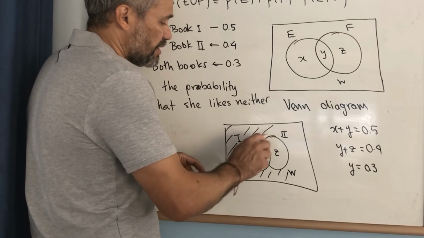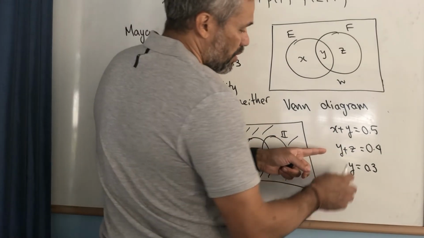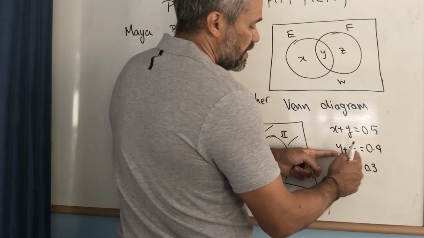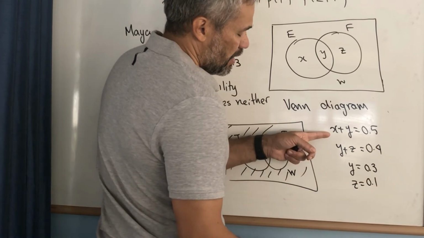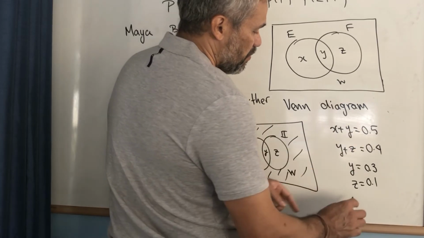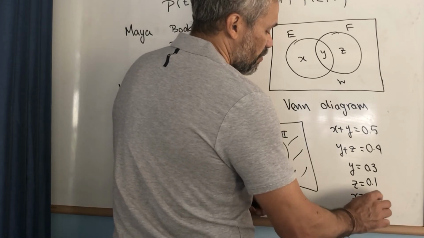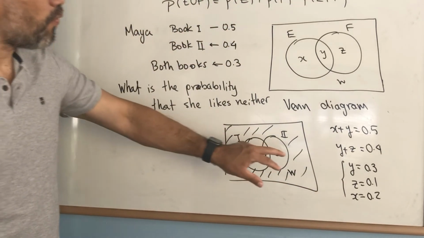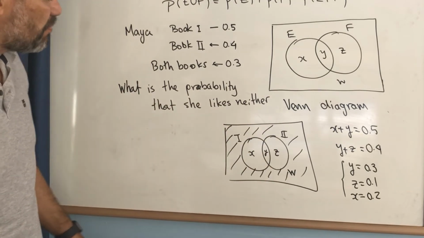that has probability W. In this case, we can solve for C. Notice that since Y is 0.3 and Y plus C is 0.4, we have that C is 0.1, and from here X plus Y is 0.5, and we know that Y is 0.3. Then we have that X is equal to 0.2. Essentially, we solve a system. And also the other equation that we have is that the probability of the whole sample space must be 1.